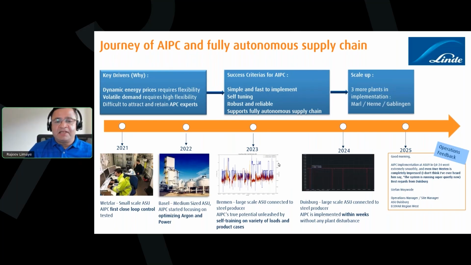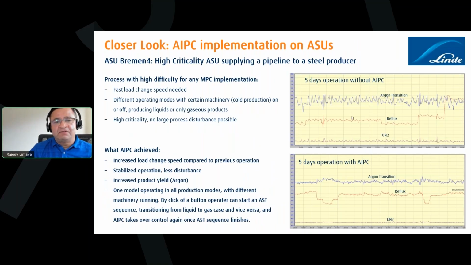So AIPC has proven very successful, and we got very impressive results so far. Just to show how AIPC functions, this graph on the top shows the operation for 5 days without AI plant control.